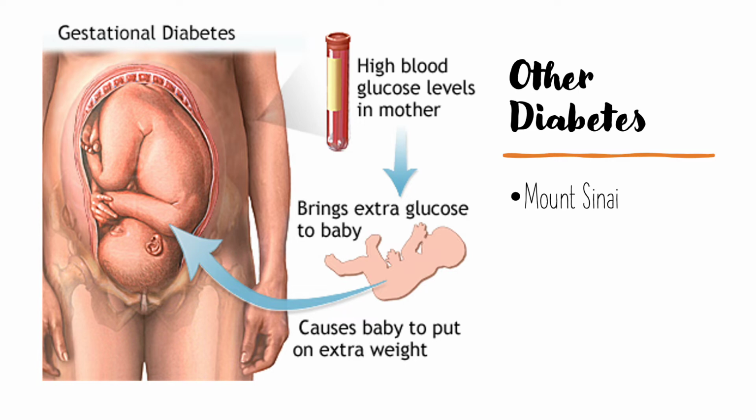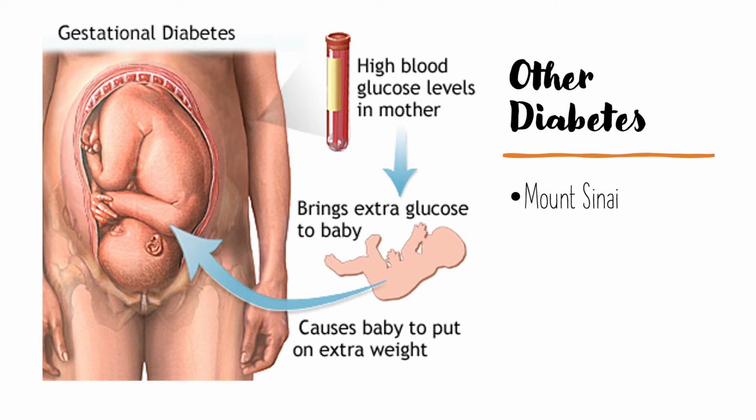What this means for the mother and the child in the womb is that there's an increase of chances that they will both get type 2 diabetes later on in life, and their overall health issues would also be a lot more probable. In this diagram, we can see how high blood glucose levels in a pregnant mother bring extra glucose to the baby in the womb, and therefore can cause the baby to put on extra weight.